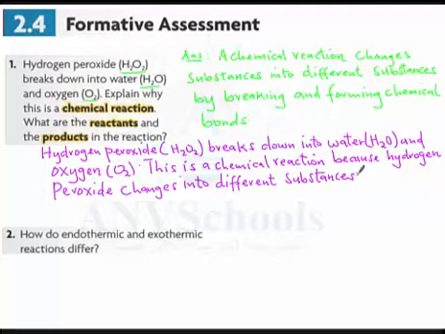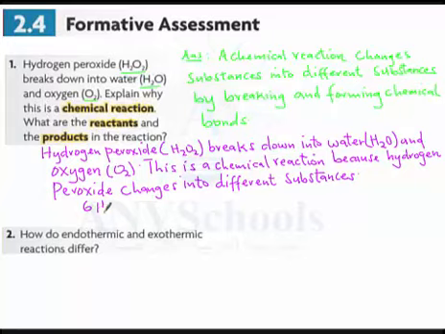So we want to know which of them are the reactants and which are the products. The reactant here is hydrogen peroxide.